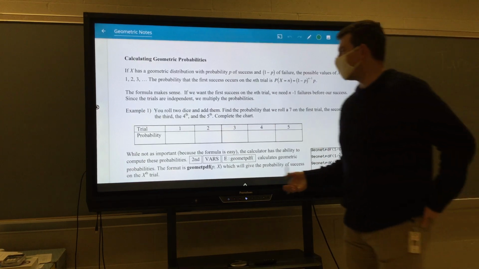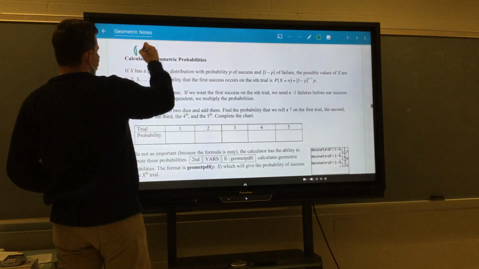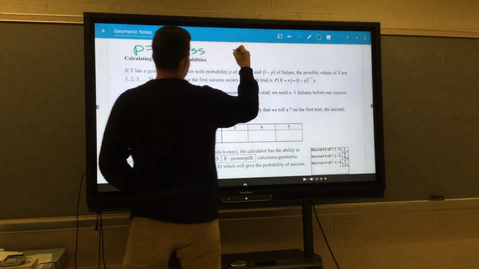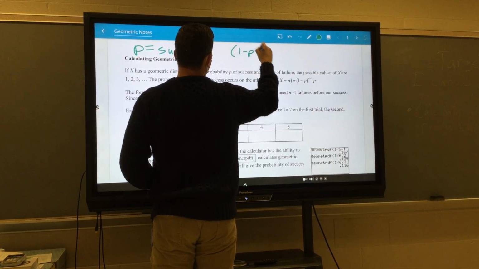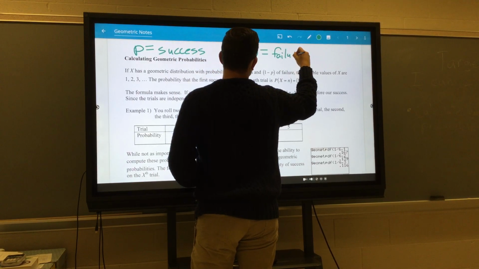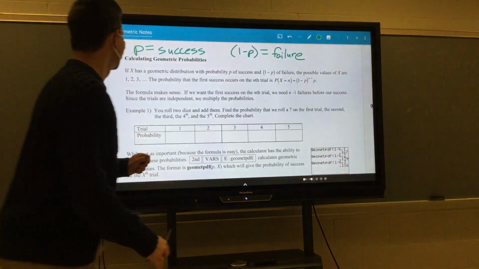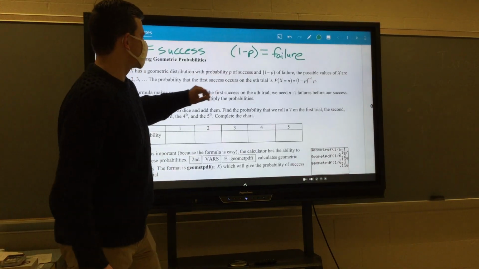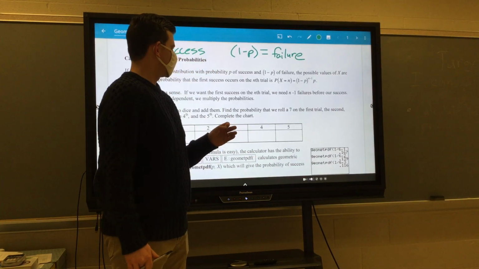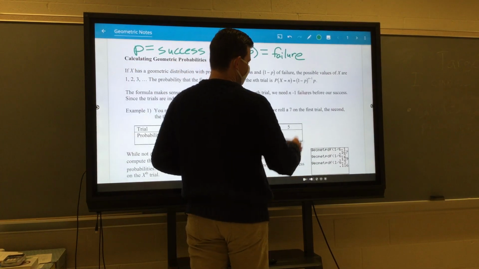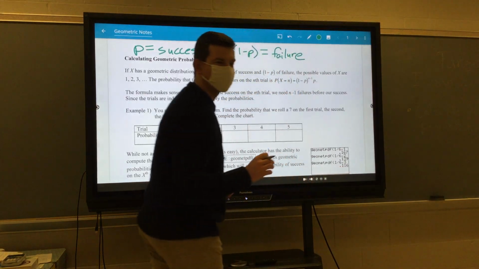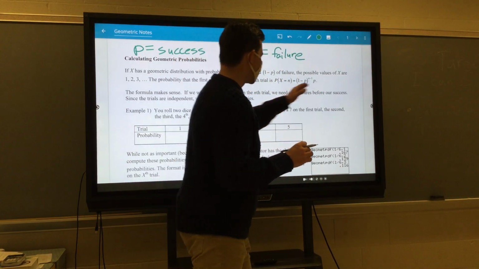It says that if we have a probability p of success and complementary probability 1 minus p as a probability of failure, the probability that the first success occurs on the nth trial is given by this equation. Probability of failure raised to the number of failures times probability of success.